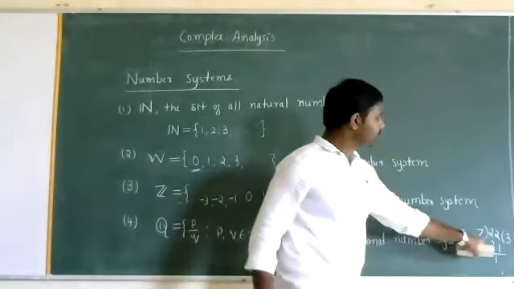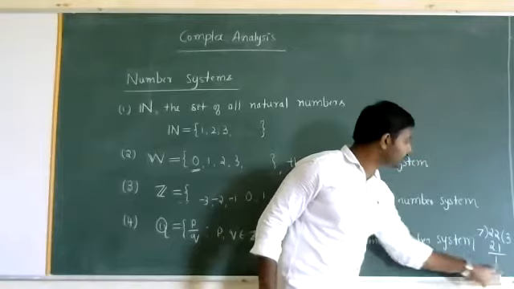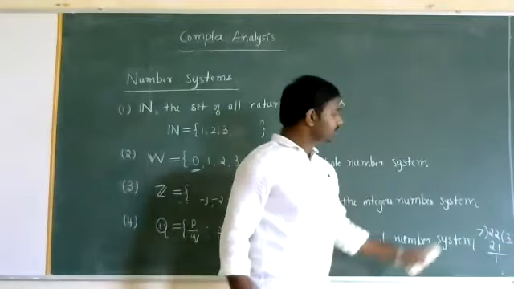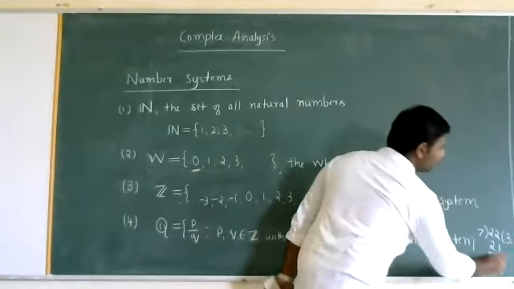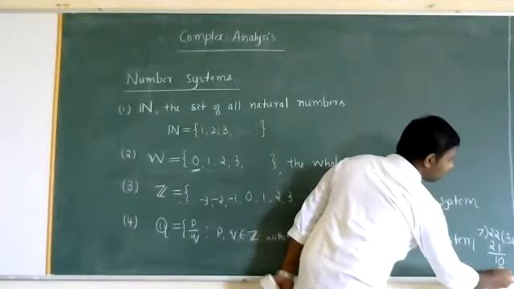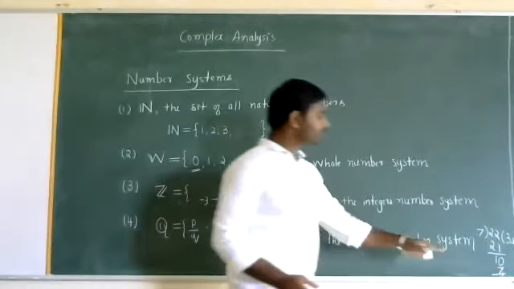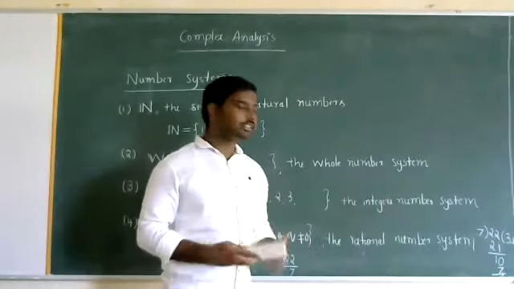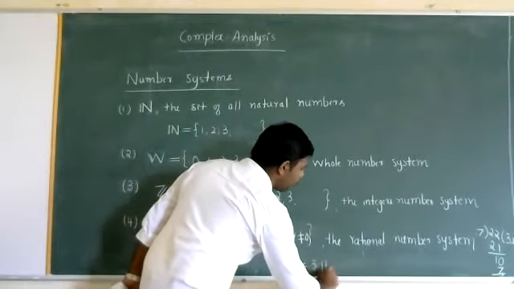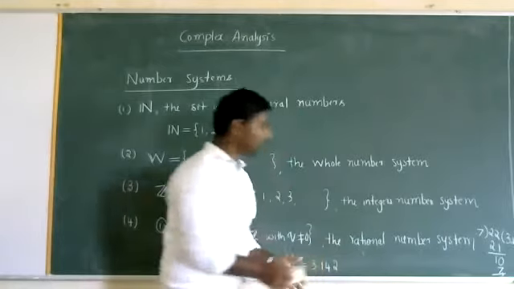Now 7 is bigger than 1, so I have to make this number bigger than 7. So I will add a decimal point here and a 0. 7 ones are 7. So the remainder is 3. Continue this process, and you will get the decimal representation 3.142 and so on.